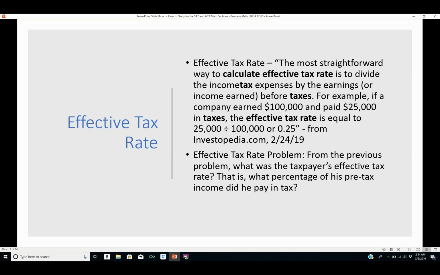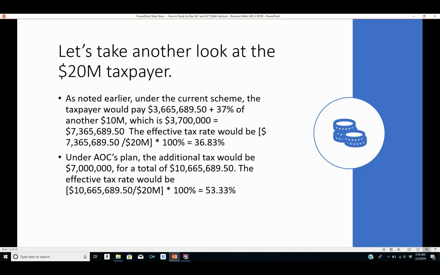So, an effective tax rate problem. From the previous problem, what was the taxpayer's effective tax rate? That is, what percentage of his or her pre-tax income did they pay in tax? Let's take another look at the $20 million taxpayer. As noted earlier, under the current scheme, the taxpayer would pay $3,665,689.50 plus 37% of another $10 million, which is $3,700,000, which is $7,365,689.50.